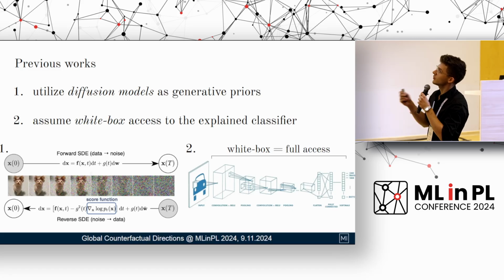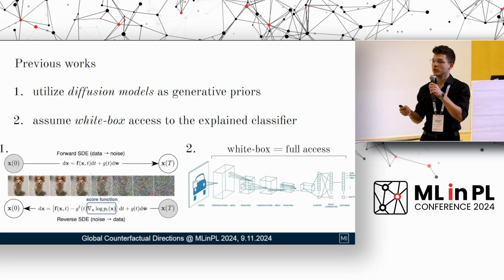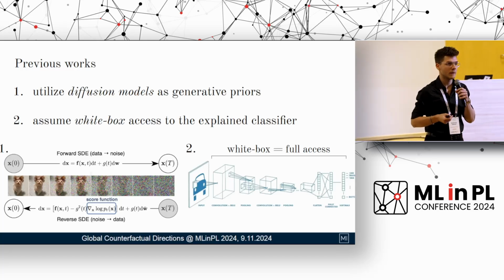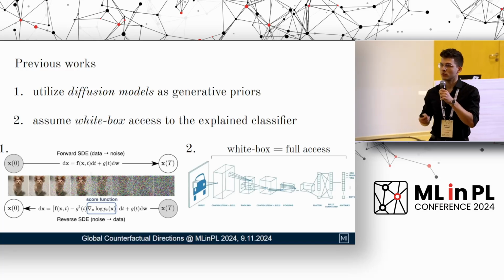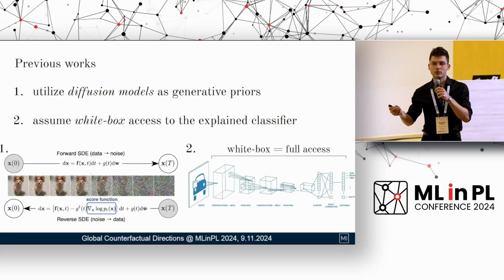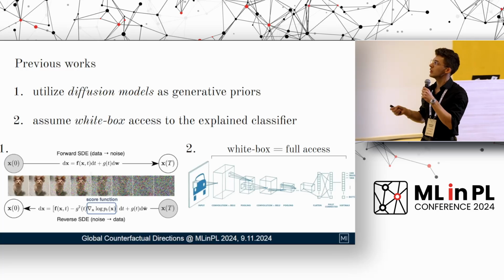But another big assumption of previous works is that when talking about the predictive model, they assume white box access. So this was also mentioned in the previous talk. White box access means that you have access to your entire predictive network, right? You can use the weights, you can backpropagate through it, compute gradients, and so on.